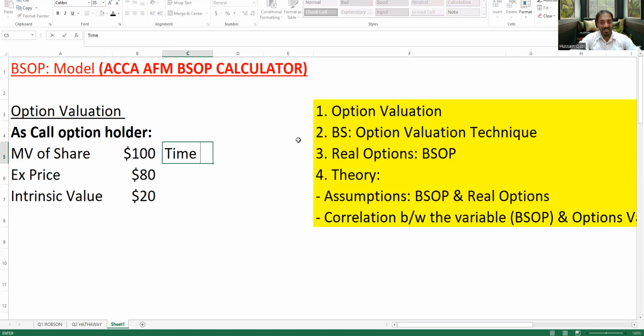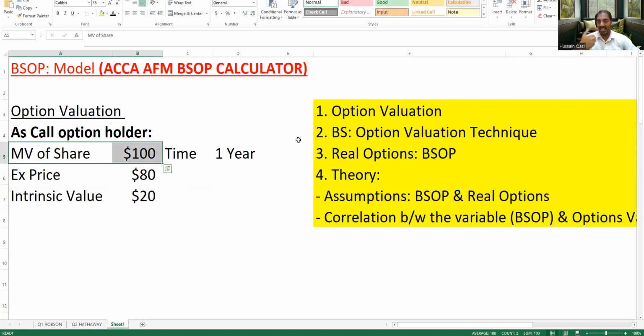For example, I have a time of 1 year. What does that mean? It means that as an option holder, I have a right to exercise this option after 1 year by paying $80, and by paying $80, I will get shares that have the value of $100.